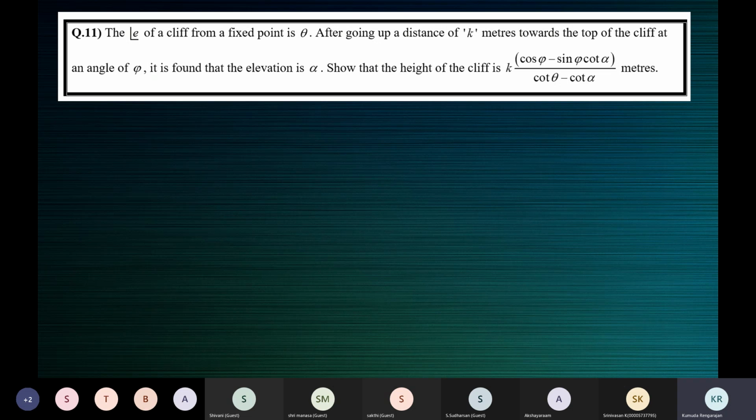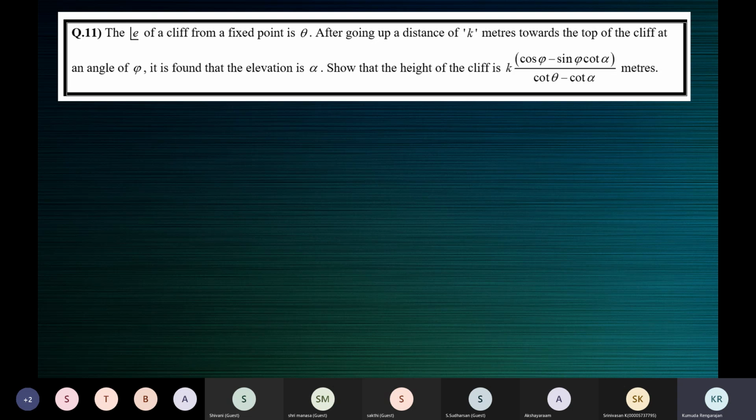After going up a distance of k meters towards the top of the cliff at an angle of phi. So like you walked up the mountain in the earlier question, a distance of 1000 meters, the inclination was 30 degrees there. Here it is phi.